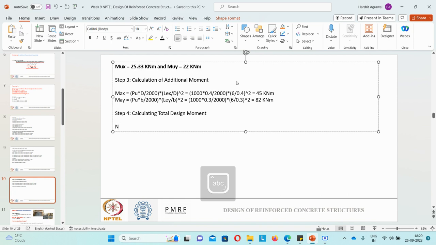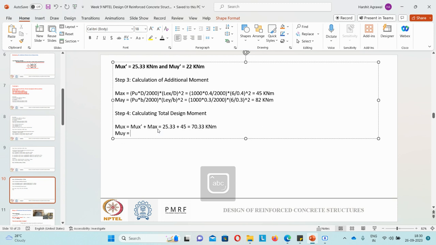The total design moment will be given by MUX, which is MUX external that we calculated. I will put a dash here so that you can distinguish between both, and MAX. So we know both the values. It is 25.33 plus 45, so it will come out to be 70.33 kilonewton meter.